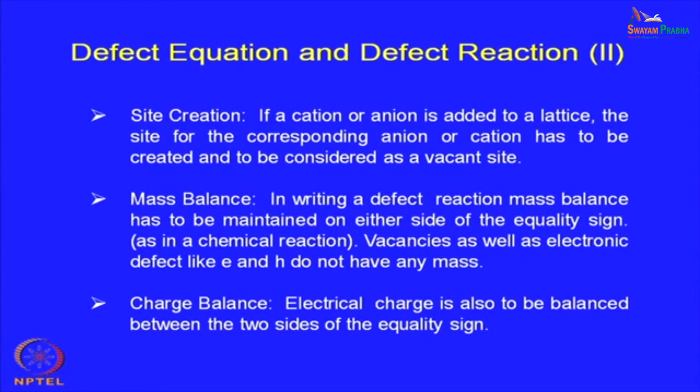That is obvious and we have to take that into account. Charge balance: electrical charge is also to be balanced between the two sides of the equality sign. So, whenever you are trying to write an equation, just as in a chemical equation, we have to maintain both the mass balance as well as the charge balance, and that is very important.